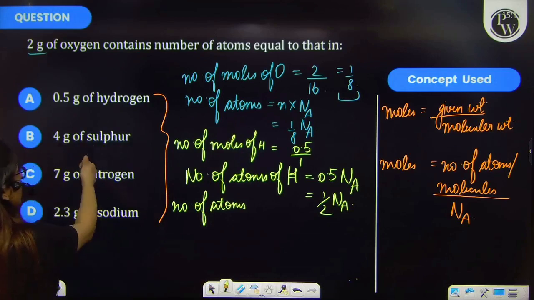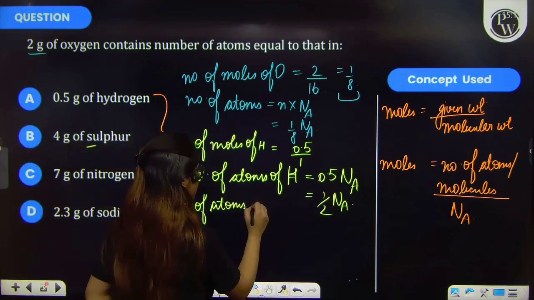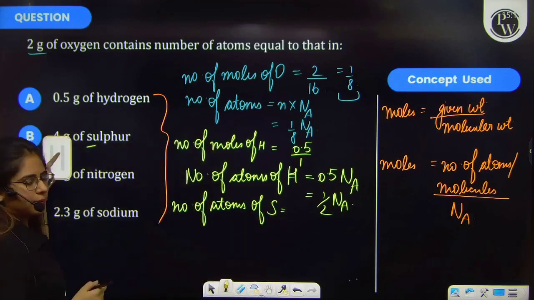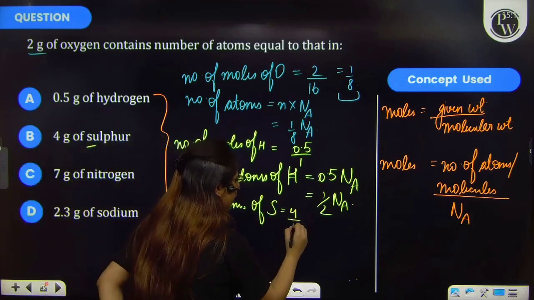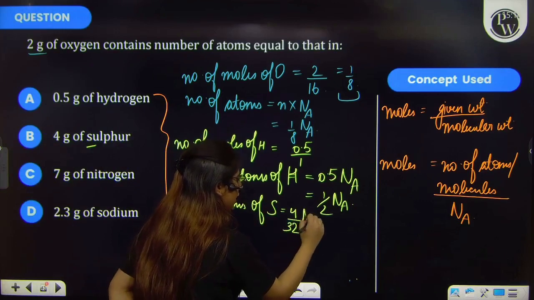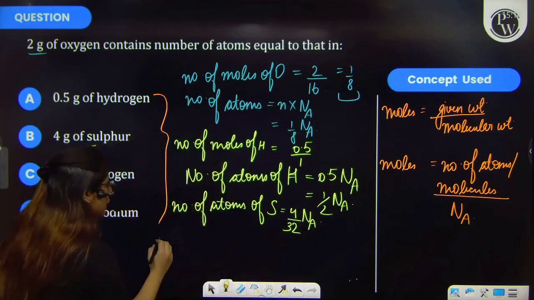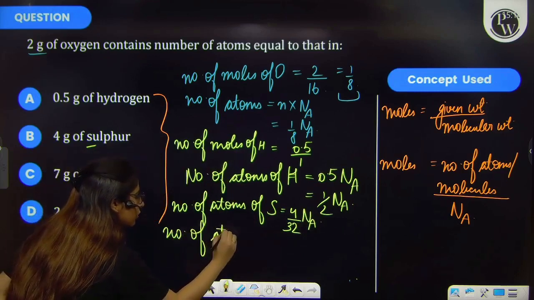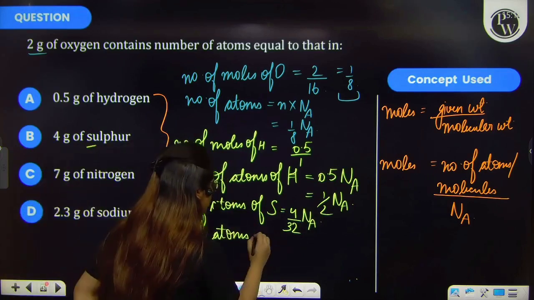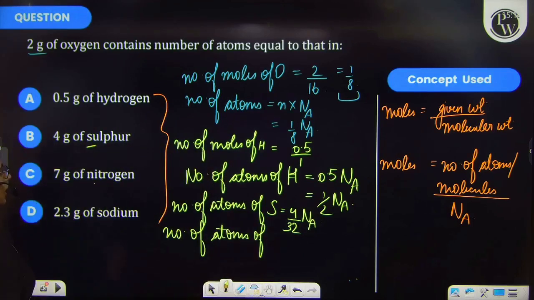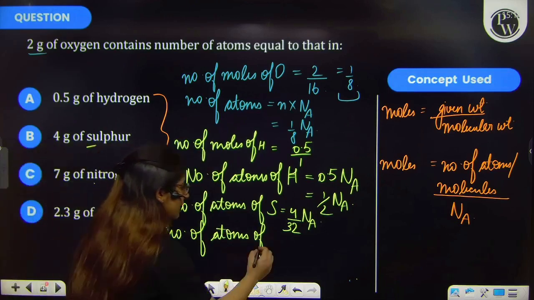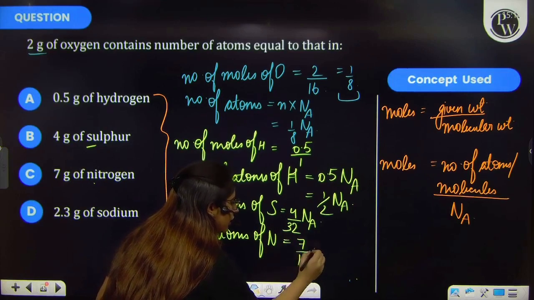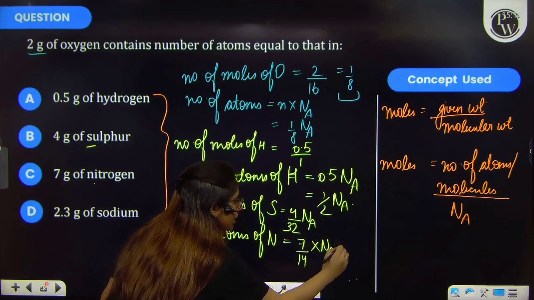Next for the sulfur, 4 gram. It will be equal to given weight 4 gram upon the molecular weight of sulfur, which is 32, into Na for the number of atoms. Then number of atoms of nitrogen: given weight is 7 gram and the molecular weight is 14 gram per mole, and for number of atoms, multiply by Na.